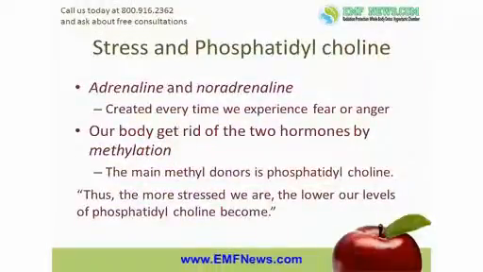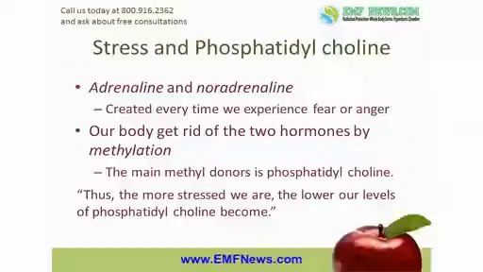Adrenaline and noradrenaline are 2 other examples. These 2 hormones are created every time we experience fear or anger. While they are useful in emergencies, if they stay in the body for more than a short time, they can cause terrible damage. Methylation is the pathway the body uses to get rid of both adrenaline and noradrenaline.